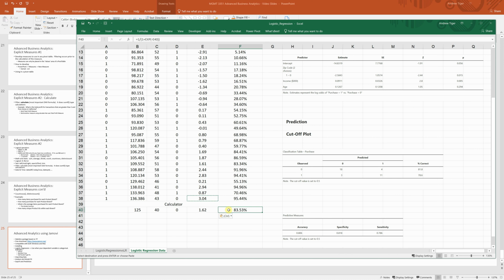That means the likelihood they're going to buy the house is 83%. And then we can write a little if statement over here and go equals if this is greater than 0.5, say 1, else put 0. So now this becomes a prediction tool that we can use to put in any numbers we want. Well, what if they were in the other neighborhood? And they're not going to buy that house.